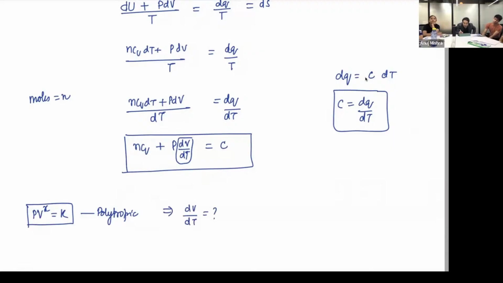Bring it by any means. One option is what I have done. The other option is you can replace P with nRT by V, and then you have T and V only, these two terms. You will get dV by dt directly. You can do that too. Or do what I did and then substitute the value of P. That is another option. So how many of you can get this number?